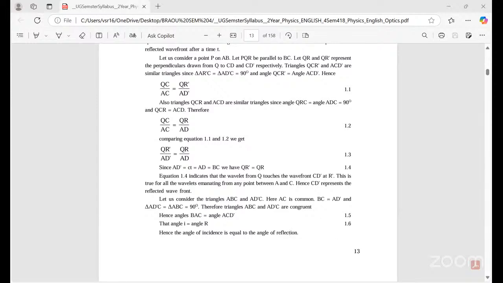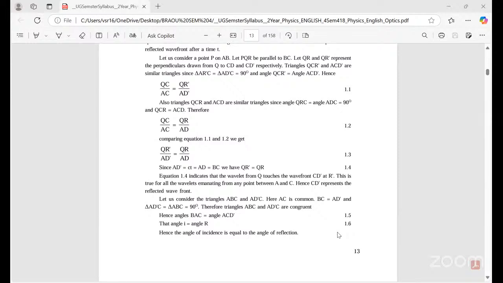So QR dash equals QR, which indicates that the wavelet from Q touches the wavefront CD dash at R dash. This is true for all the wavelets emanating from any point between A and C, and CD dash represents the reflected wavefront.